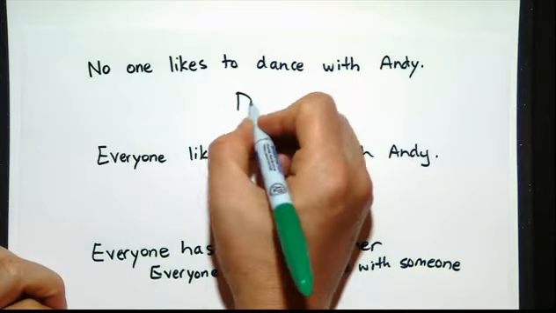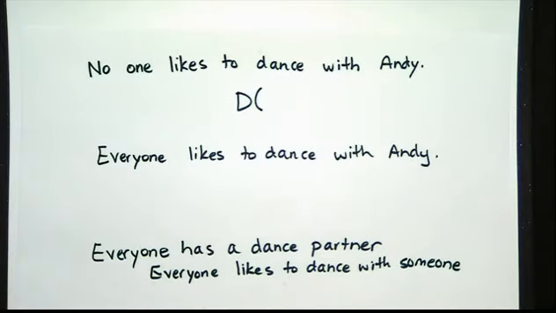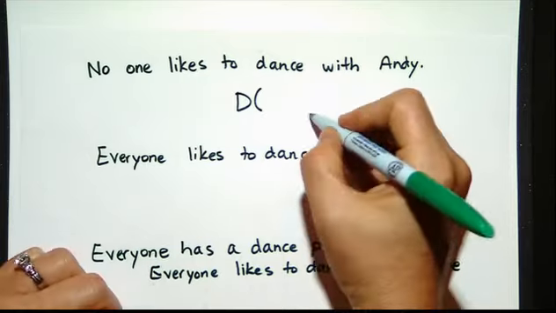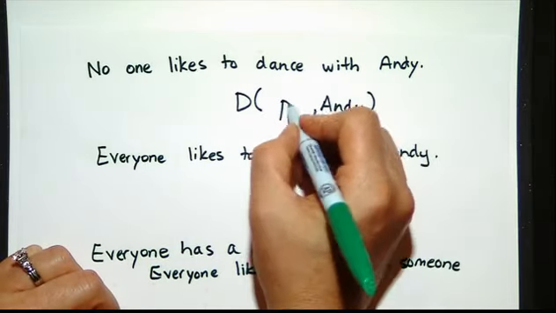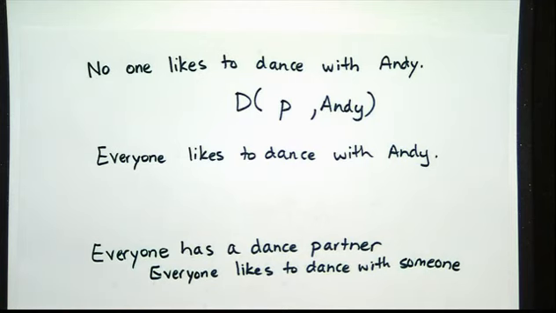So we know we have D. And the liking goes from the first person to the second person. So is Andy the first person or the second person? Andy's not doing the liking, so he's the second person. And I'm going to use P because in all my examples I'm going to use P if it's the first one and D for the second one, just so I can keep track of who's doing the liking and who's doing the being liked. Okay?